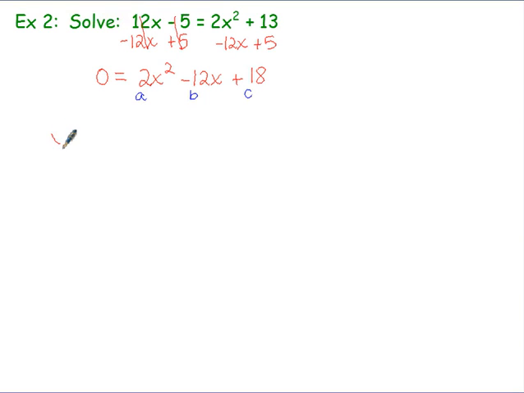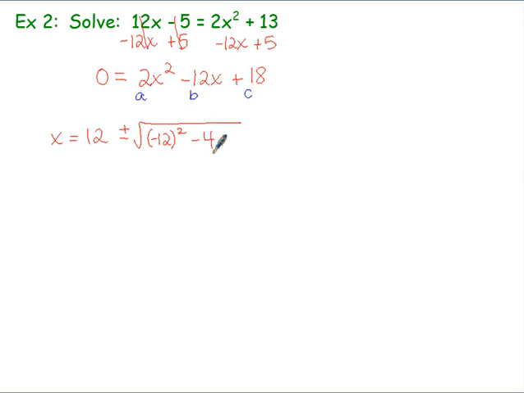So here's what you should have on your paper. First, we need the opposite of B. Well, the opposite of -12 is positive 12. Plus or minus big square root. We need B squared. Now, here's something that's important. If B is negative, you must put it in parentheses when you square it.